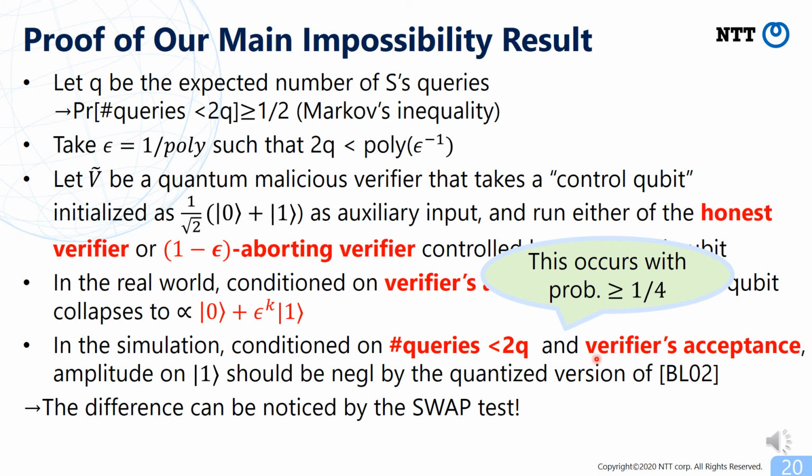Therefore, in total, this event occurs with probability at least 1/4. Therefore, we can see that the final state of the control qubit is non-negligibly different conditioned on some event that happens with constant probability. Therefore, the difference can be noticed by the distinguisher by the swap test.